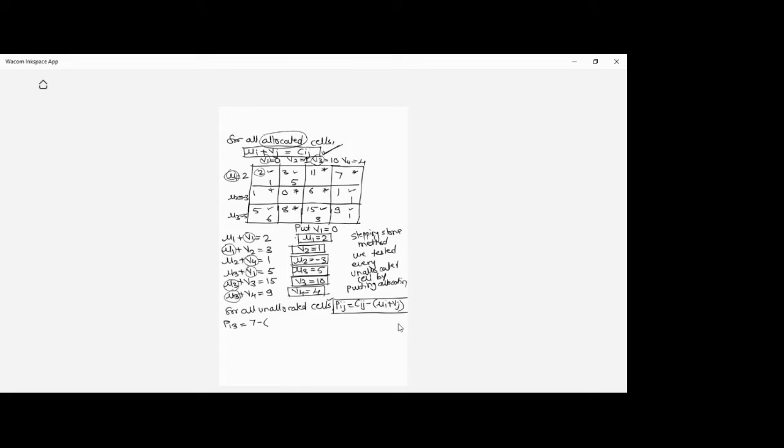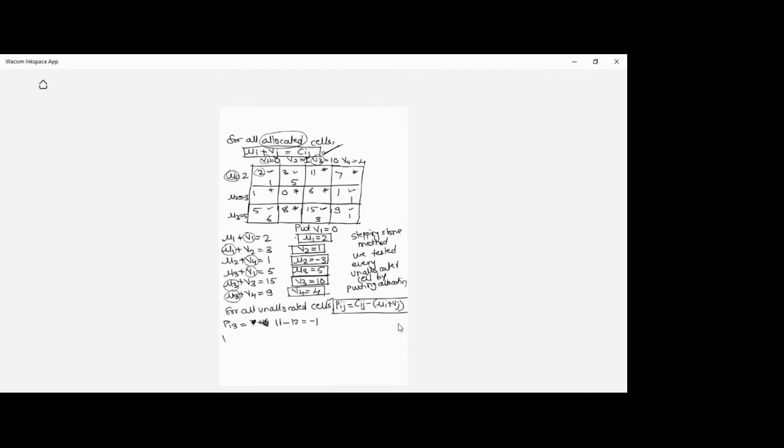Why have I written 7? It is not 7. For P13 it is 11, right? So P13 is equal to 11 minus (10 plus 2), that is 12. So it is equal to minus 1, right?